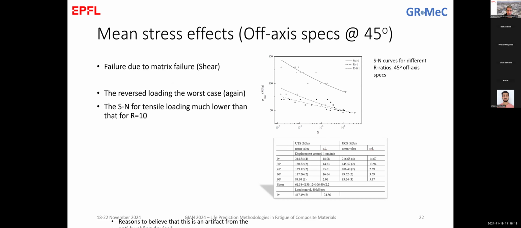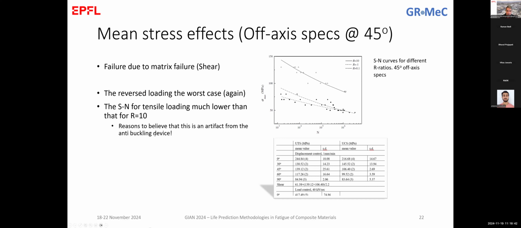So when we go to off axis, you see that the failure is not anymore based on fiber failure, but it's mainly due to matrix failure in between the fibers, and there is also significant delamination in these cases.